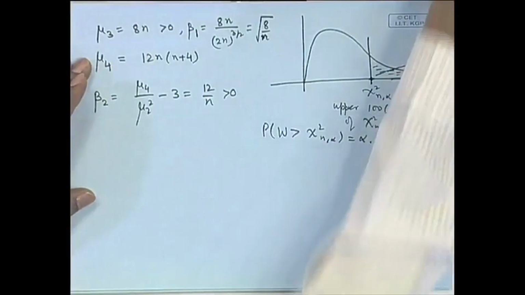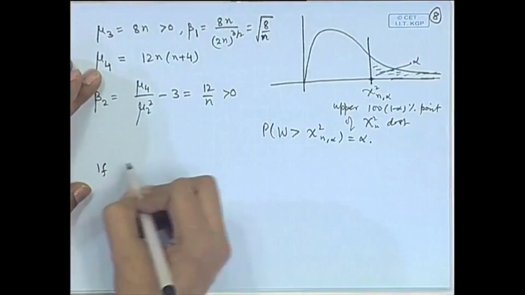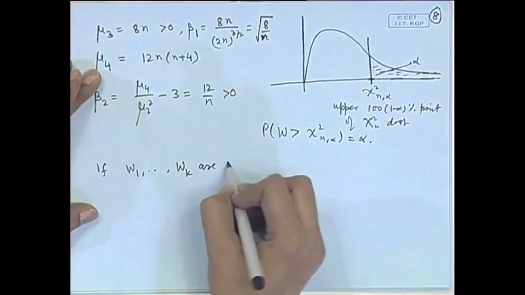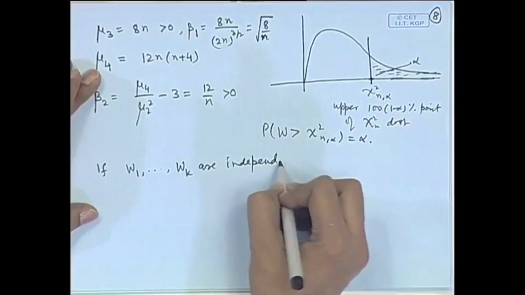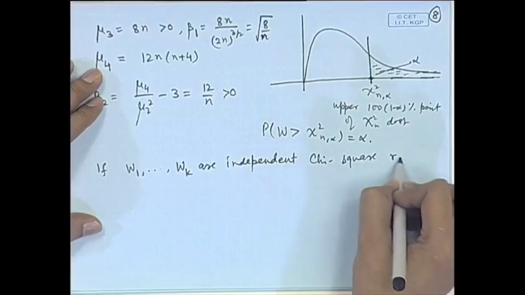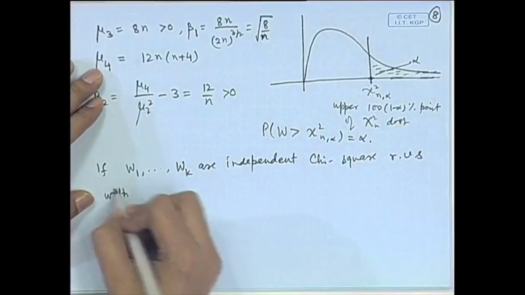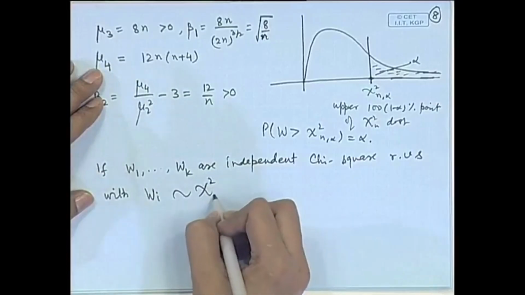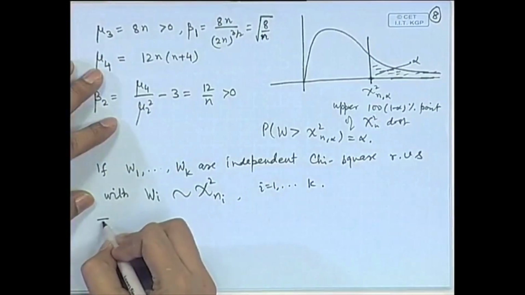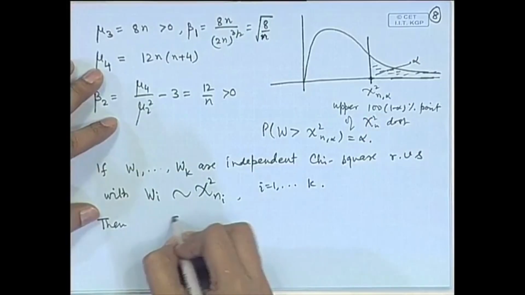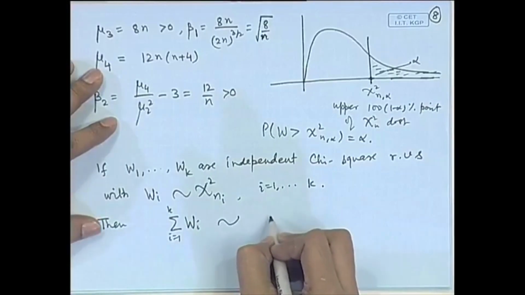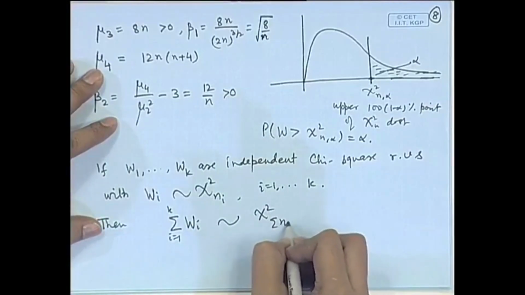Therefore, if we consider W 1, W 2, up to W k as independent chi-square random variables, with W i following chi-square n i for i equal to 1 to k, then the sum of W i, i equal to 1 to k, will follow chi-square with sum of n i.